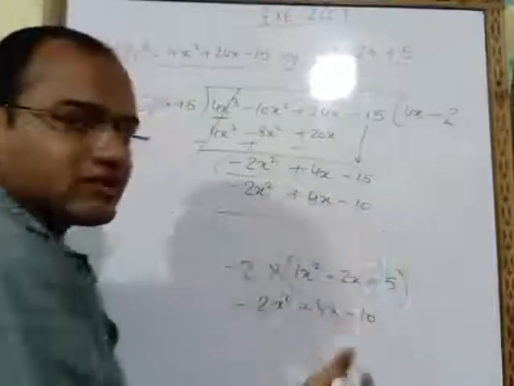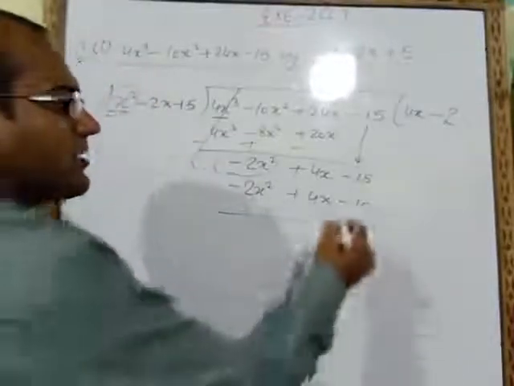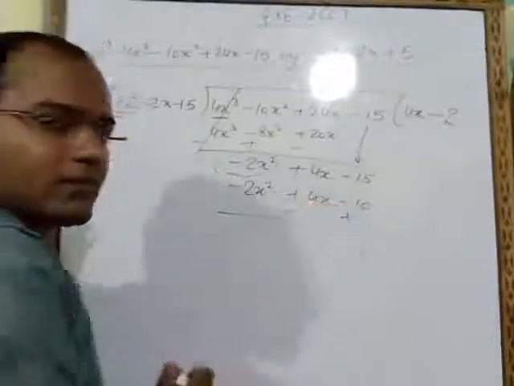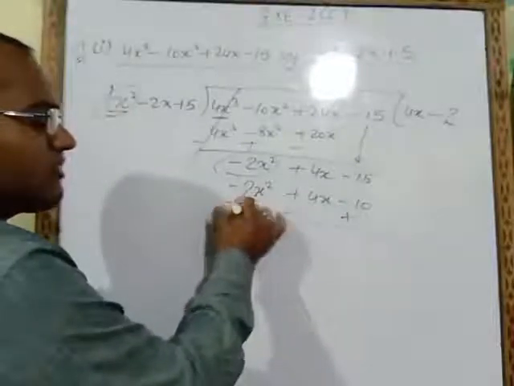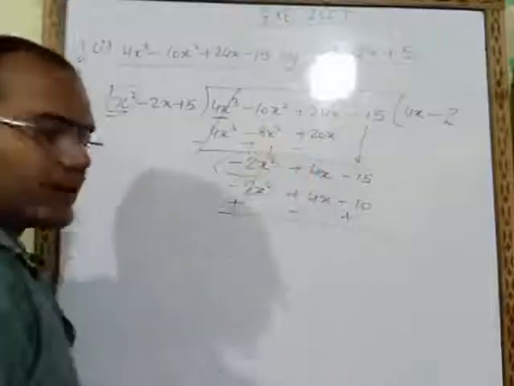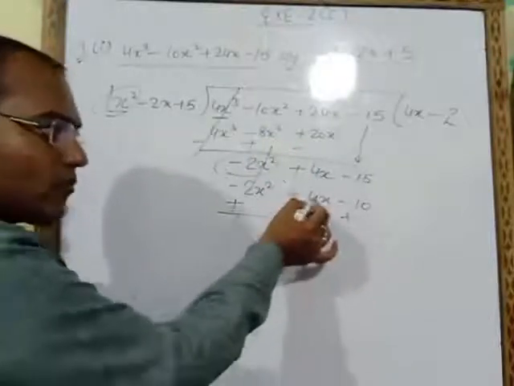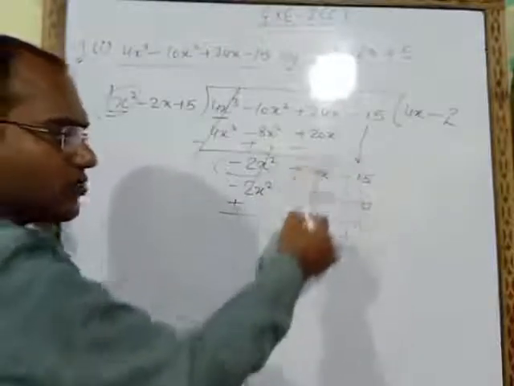Now we have to change the sign. When we change the sign, minus 10 will become plus 10, plus 4x will become minus 4x, and minus 2x square will become plus 2x square. Minus 2x square and plus 2x square will get cancelled. This is plus 4x and this is also minus 4x, plus we had changed. So these two are opposite signs.